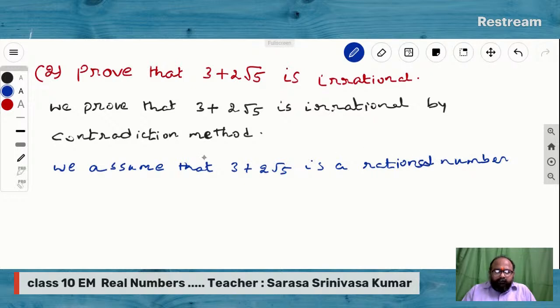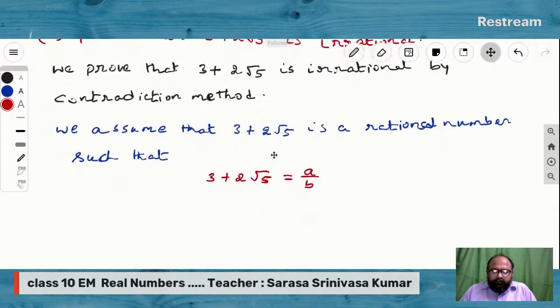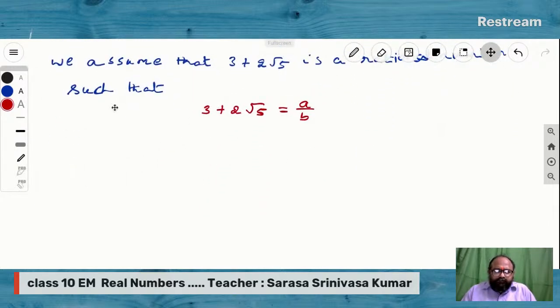such that 3 plus 2 square root of 5 equal to a by b, where condition 1: a and b are integers and b is not equal to 0.